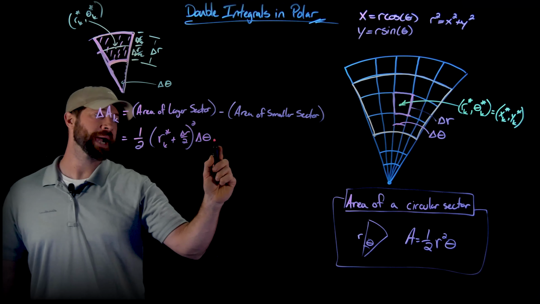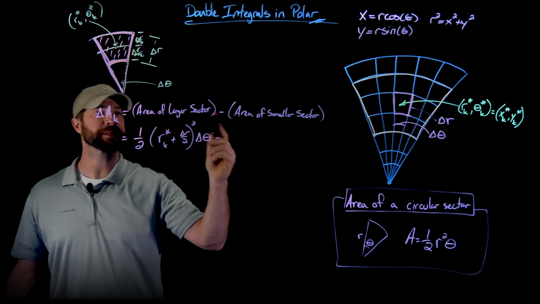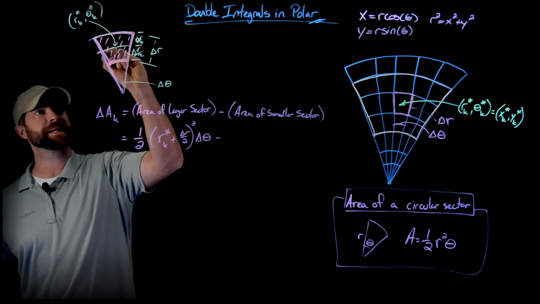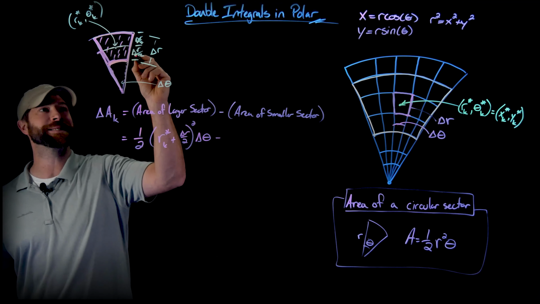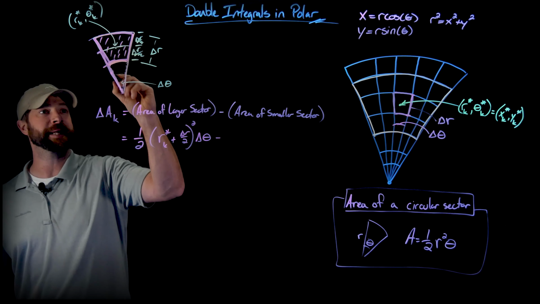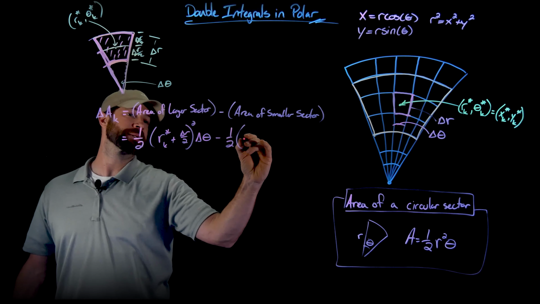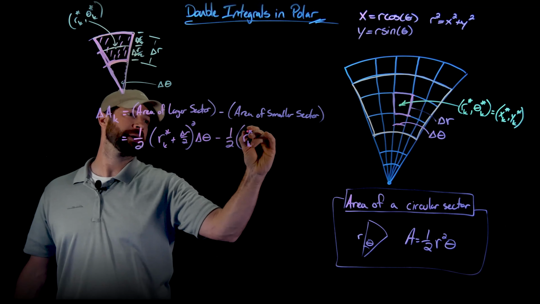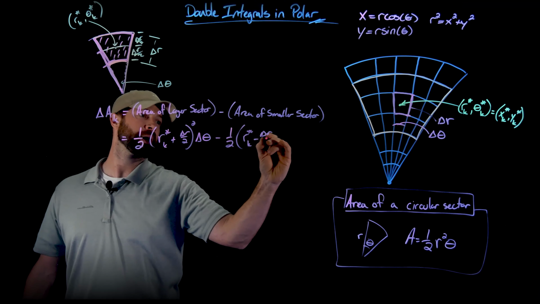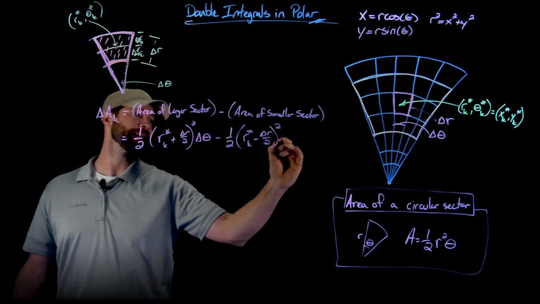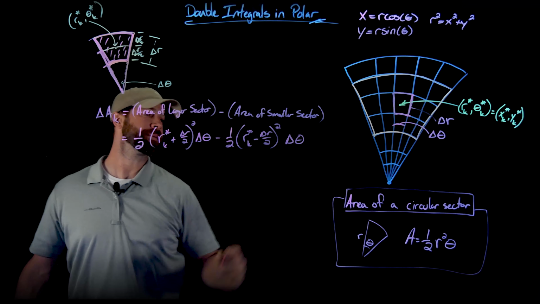And then we're going to subtract away the area of the smaller sector, and again, the radius for the smaller sector is that r sub k star, but minus that delta r over 2 to get this length right here. So we have 1/2, and that radius then will be r sub k star minus delta r over 2 squared. And again, our angle though is exactly the same, delta theta.